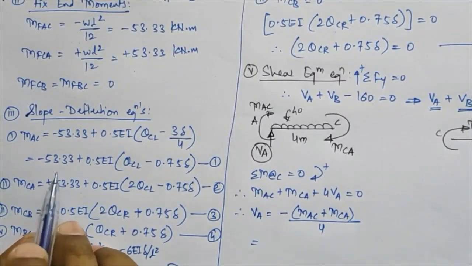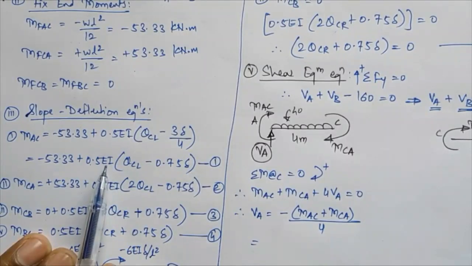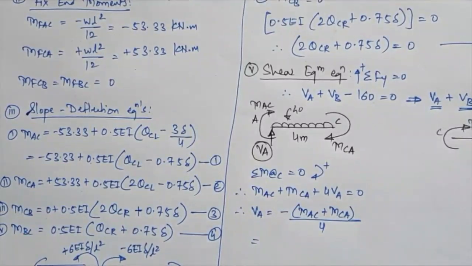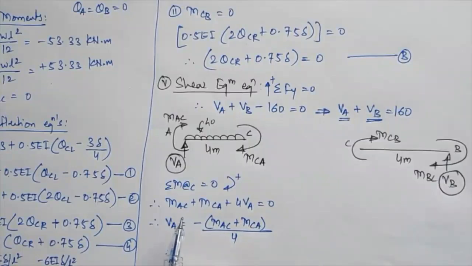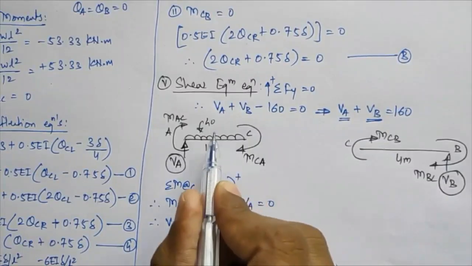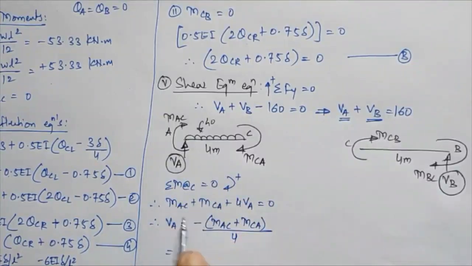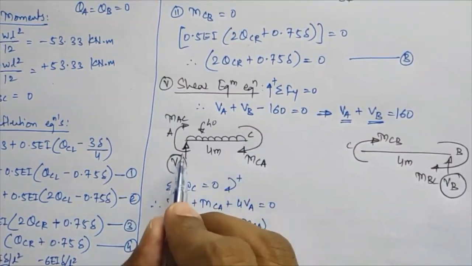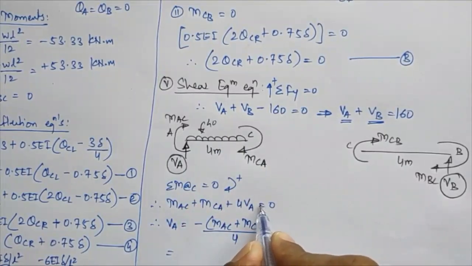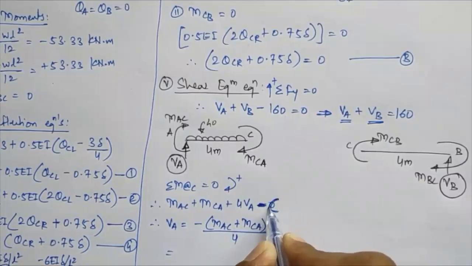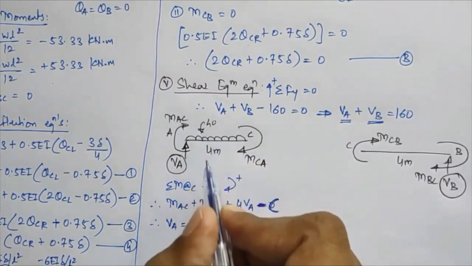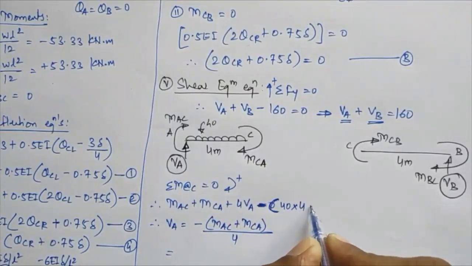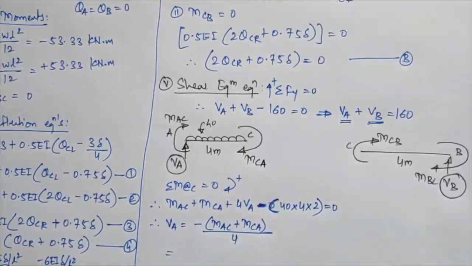1 by 4, and in both the equations I am having 0.5 EI common over there. Okay, sorry, we have not considered the UDL sign convention over here. Okay, so what this will become, see, you are taking moment at joint C, so moment of MAC plus MCA plus 4 times VA, and the moment of UDL is remaining, that will be minus UDL moment, that will come equal to 40 into 4 into its lever arm, taken equal to 2, is equal to 0 over there.